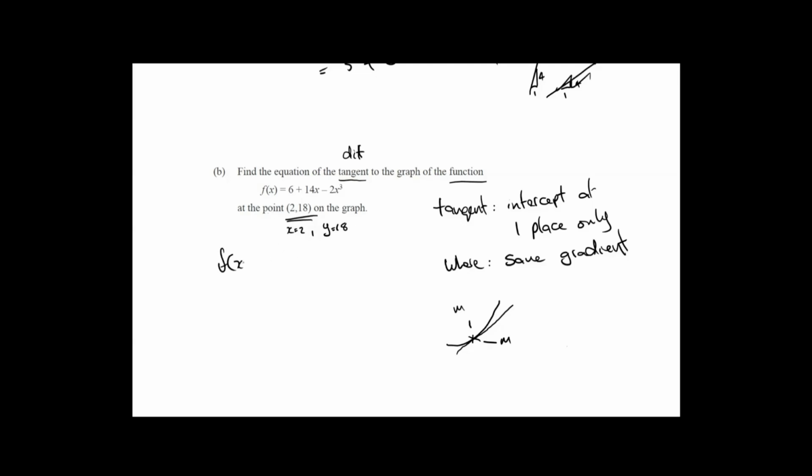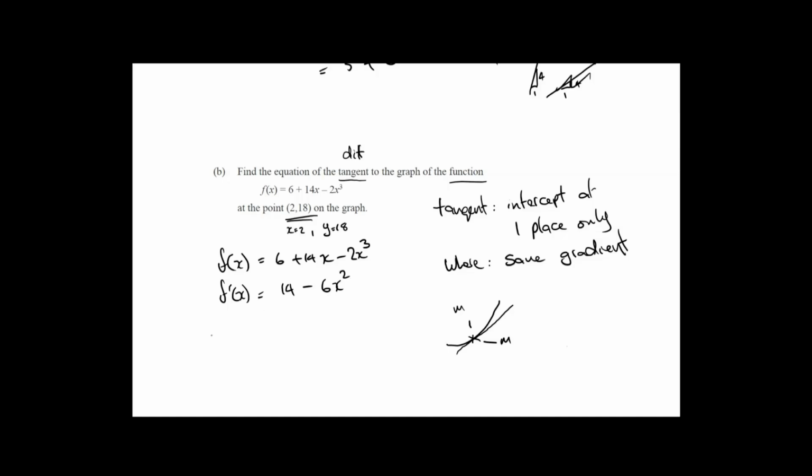So f of x is given as 6 plus 14x minus 2x cubed. I don't know why they've got it in Taylor series form, but we'll go with that. So f prime of x, that's the constant, and then the next most complicated, and so on. So that 6 is going to go away, the 14 is going to come down. 3 times -2 is -6x squared, and then we lose 1.